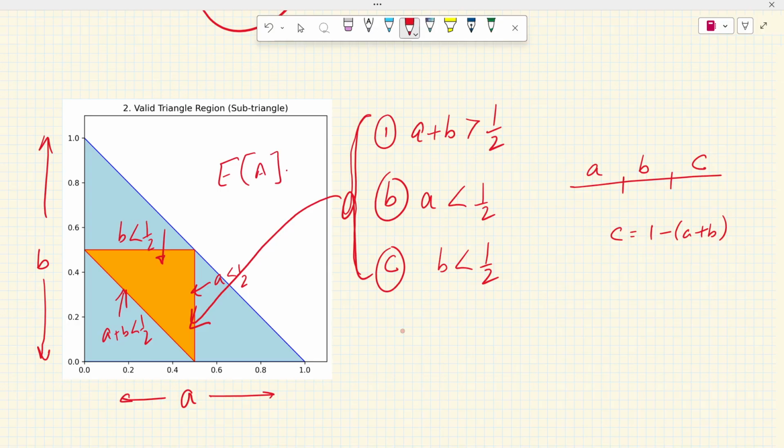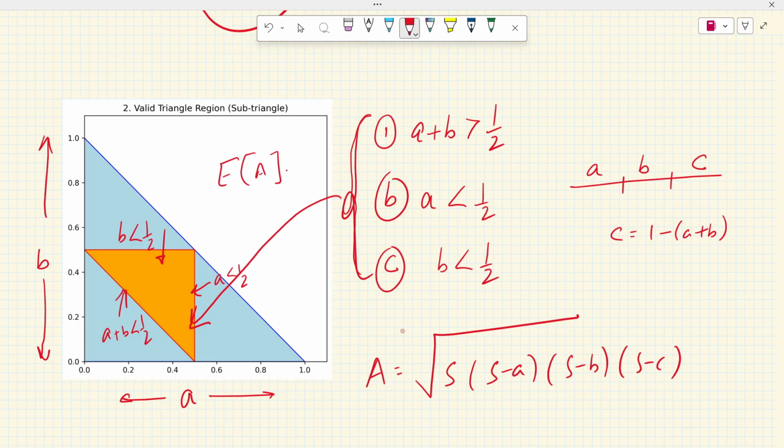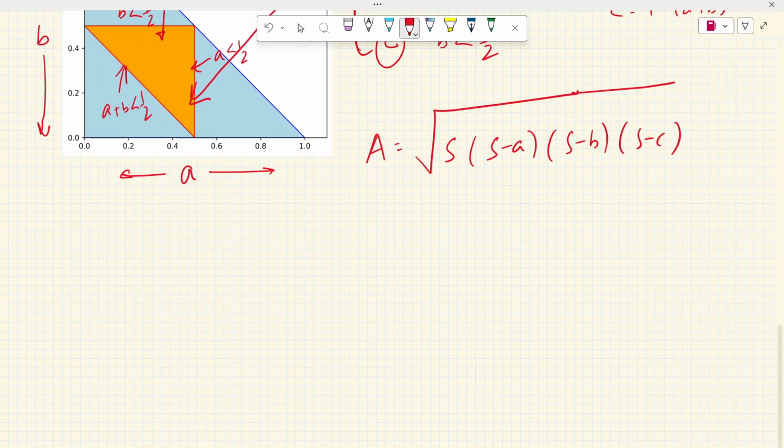The approach that we are going to take is, we know from Heron's formula that the area of a triangle is the square root of s times s minus a, s minus b, s minus c, where s is the semi-perimeter. In our case, because it is a unit length stick, a plus b plus c becomes 1, so s becomes 1/2.